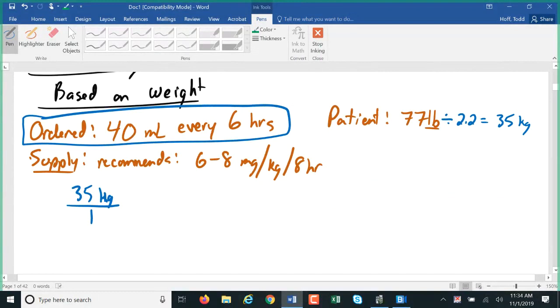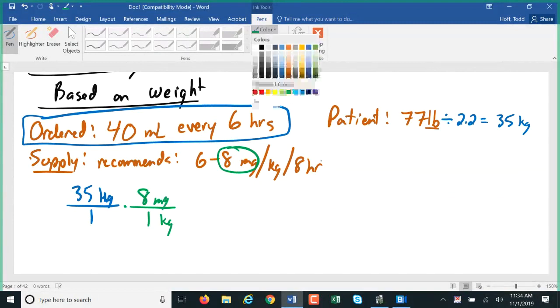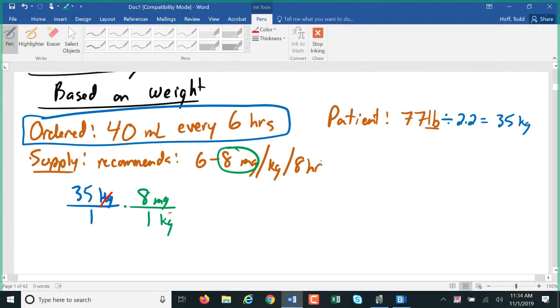Now we start our work with that 35 kilograms, and we're going to use the maximum, 8 milligrams per kilogram. Milligrams cancel out. I forgot to give you the rest of the label. That'll make this easier. The rest of the label says that this is constituted as 25 milligrams in 4 milliliters.